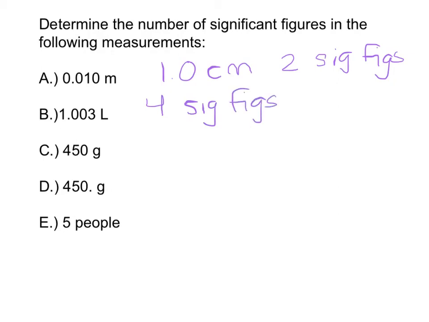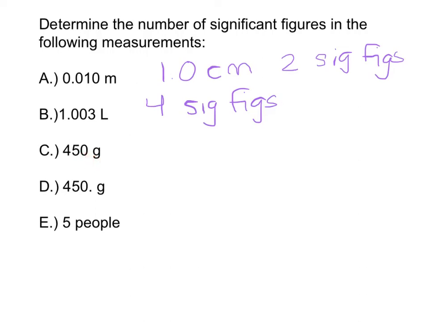Problems C and D illustrate how you determine significance if you have a 0 that is before the decimal place but not between non-zero integers. So let's look at this first example. If we have 450 grams and there's no decimal place here, then what this is saying is that we knew 4 definitely, 5 was a guess, and this 0 isn't significant at all.